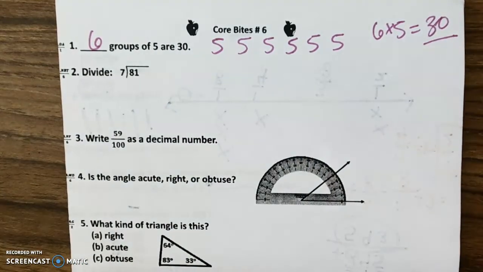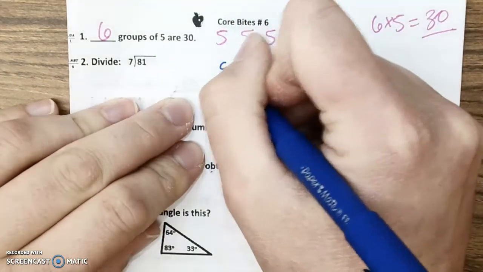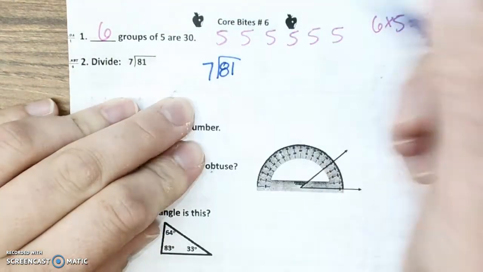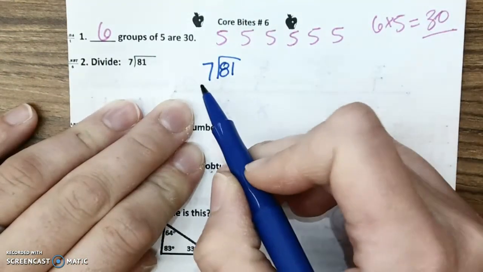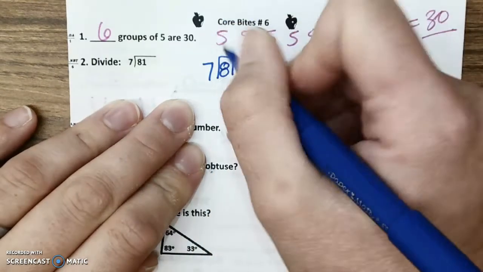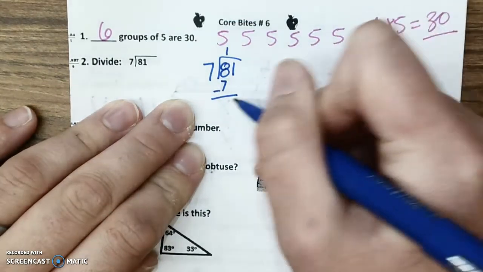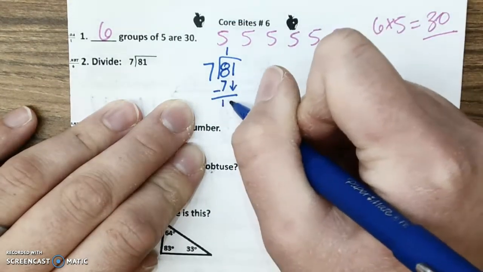For the next one, number 2, you're going to divide 81 by 7. Okay? So you just write out 81. Okay, put 7 on the outside. 7 times what is close but not over 8? So you would say 7 times 1 gives you 7. You would subtract. 8 minus 7 is 1. Bring down your 11.